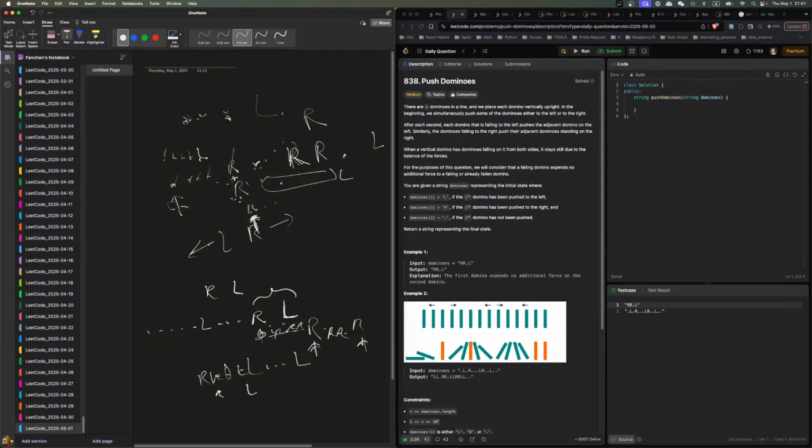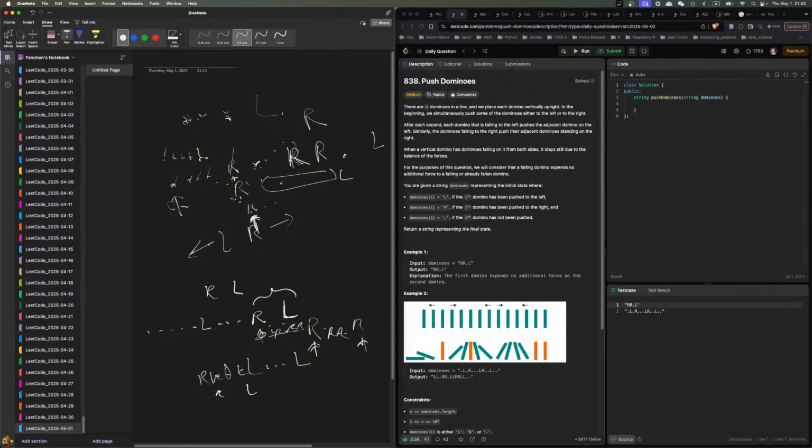But what about R? Because I want the low to point into an R. Right? So, okay, I go forward. If it's an L, then everybody should be L. Right, keep going. If it's a dot, then the high just keeps moving forward.